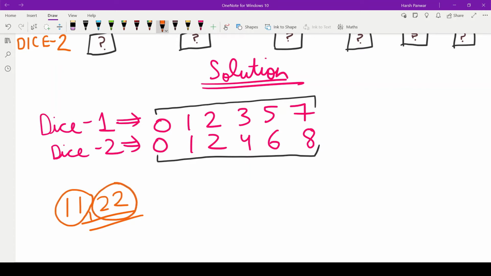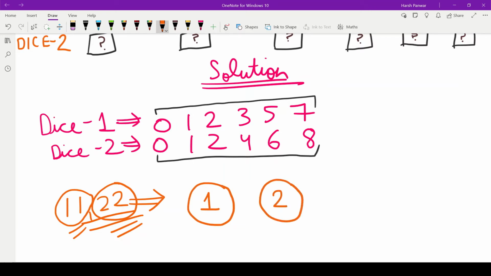Since you have to represent 11 and 22, this implies that number 1 should be there in both the dice as well as number 2 should be there in both the dice. Both dice must contain number 1 as well as number 2, because only in that case is it possible to represent 11 and 22.